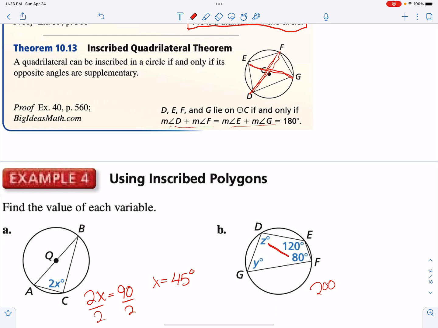So if I look at the opposite angles, they have to be supplementary. So Z has to equal 100 for those to be supplementary. I keep wanting to write 180. Z has to equal 100, and Y has to equal 60 for those to be supplementary. So again, the opposite angles have to be supplementary inside that circle.